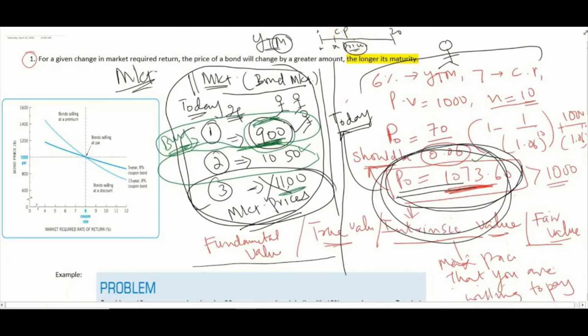So the market price and the coupon payments, when you do that, that is called current yield, because this is not until maturity, but the value that you have calculated is based on until maturity. So when you use the YTM formula, that is until maturity. Okay, I hope you got it.